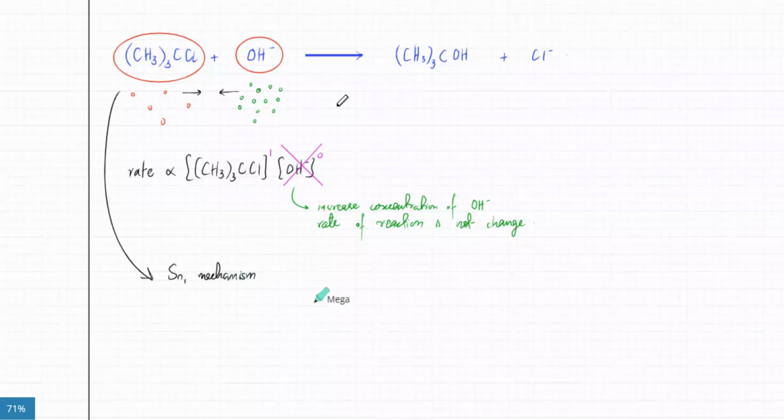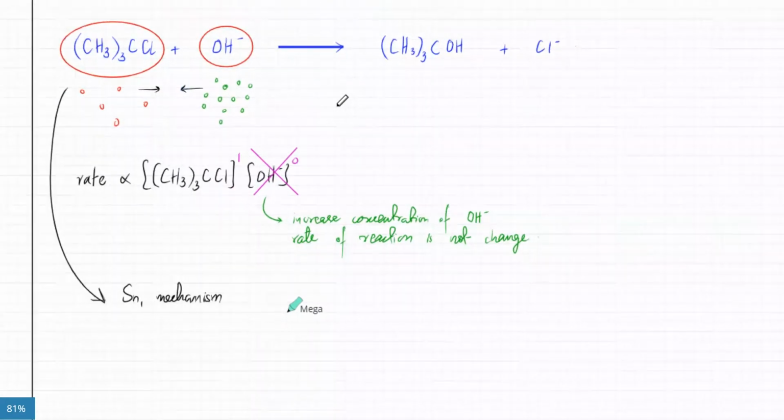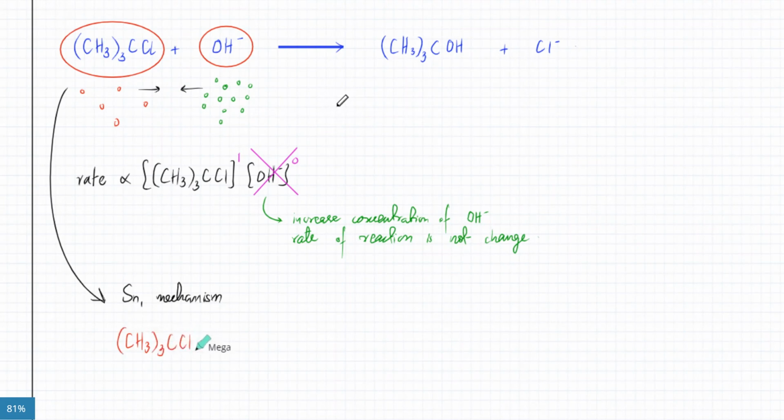So if you remember the Sn1 mechanism, what it's going to show you is that first the halogenoalkane, which is CH3, and CCl. The OH is not involved in the first step. So due to random collisions, the Cl dissociates or ionizes.